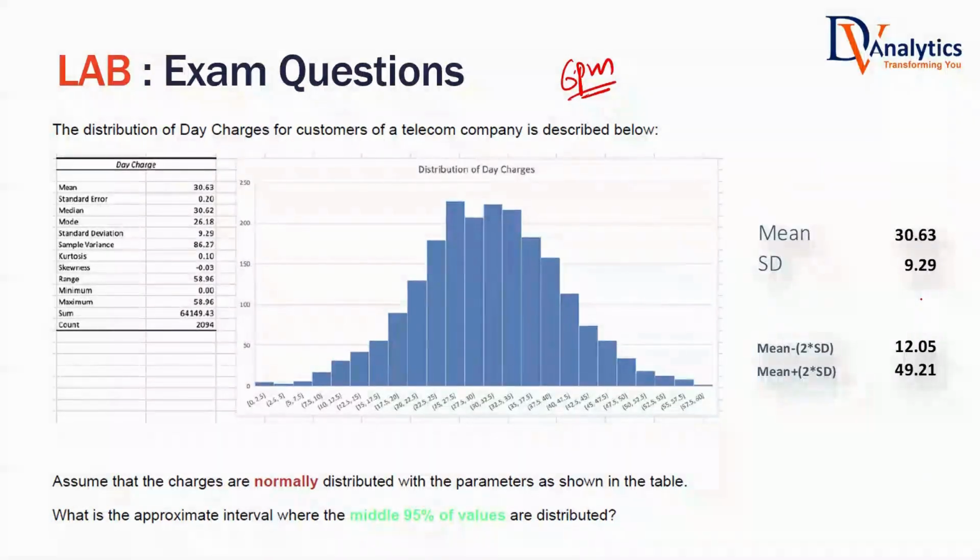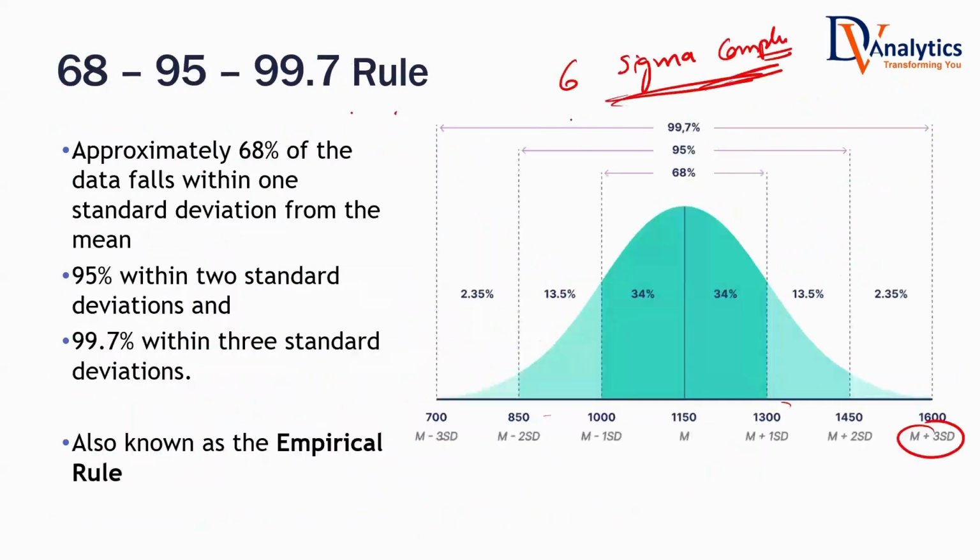Now the next concept is the standard normal distribution. For a normal distribution, you can have any mean, you can have any standard deviation. But if you have a particular normal distribution whose mean is 0 and whose standard deviation is 1, let me give you one normal distribution whose mean is 0 and standard deviation is 1.